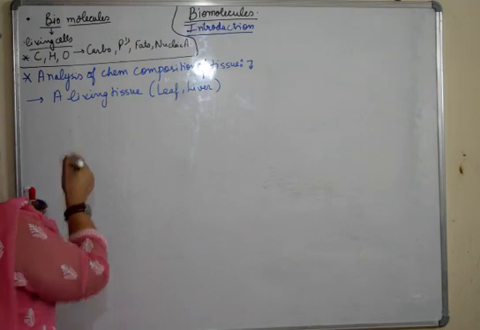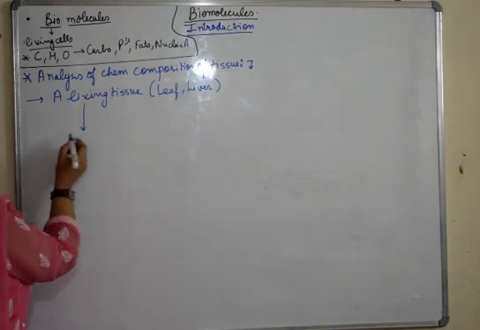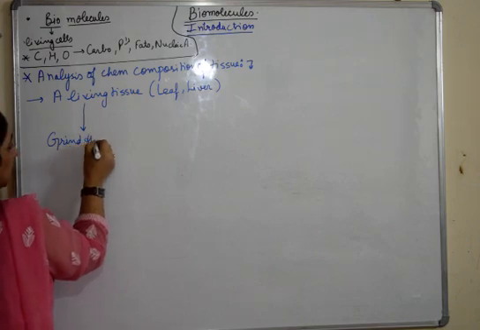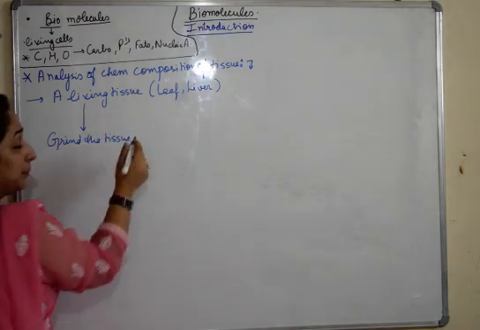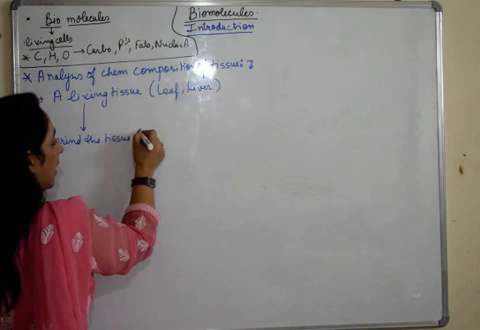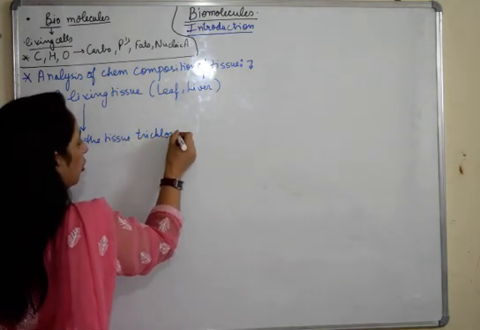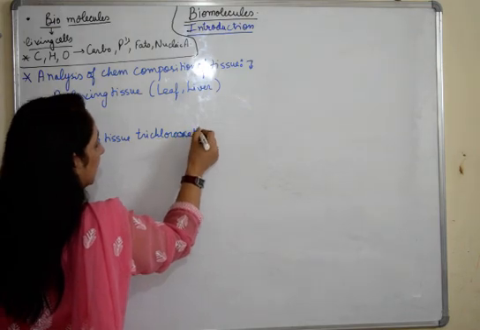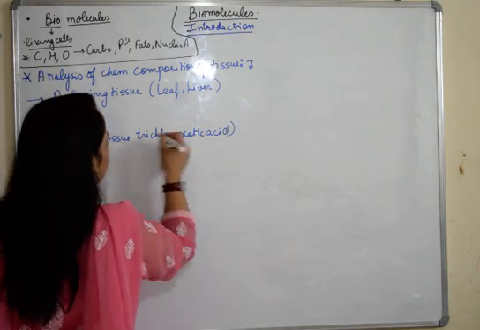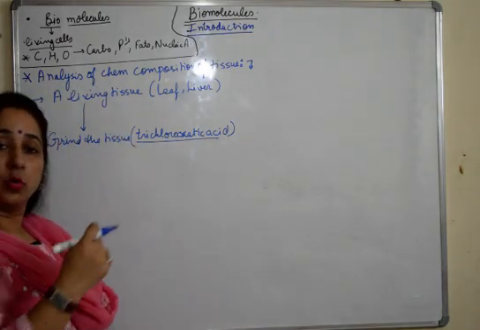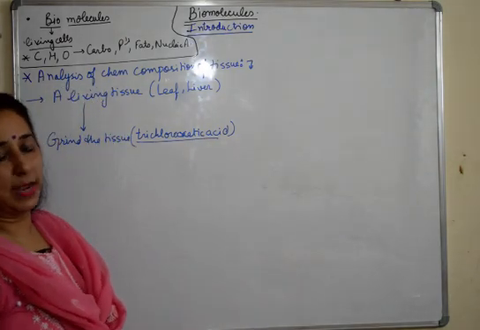After this, the tissue is ground, be it plant or animal, in trichloroacetic acid. So we grind it by adding trichloroacetic acid to it.